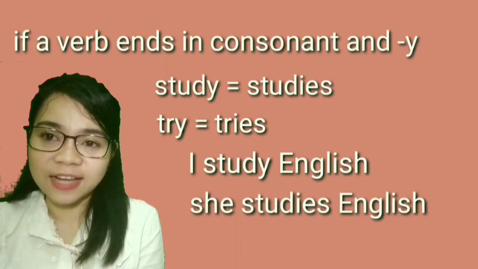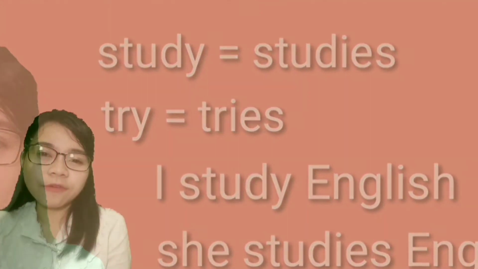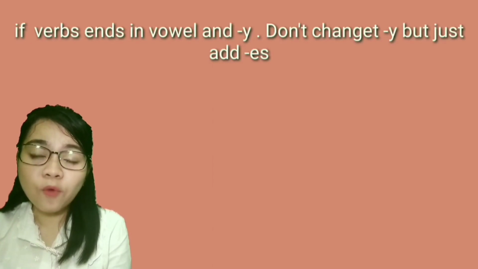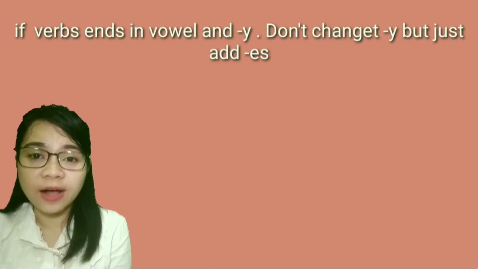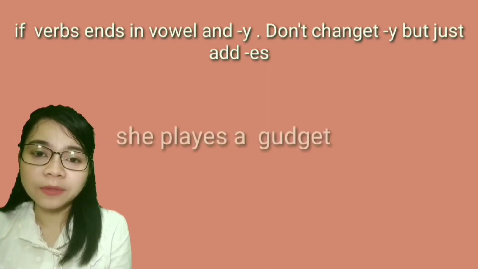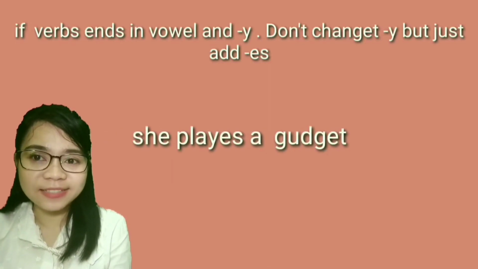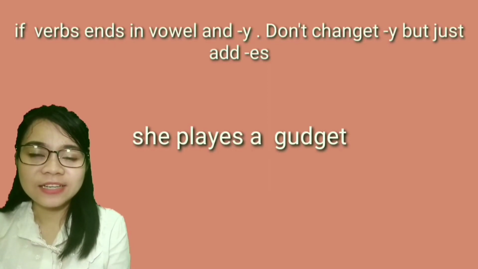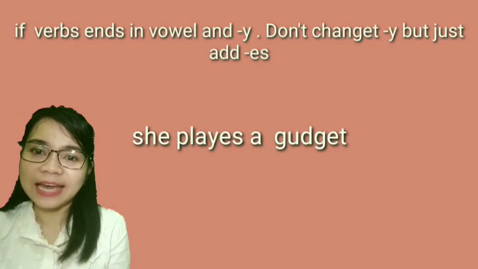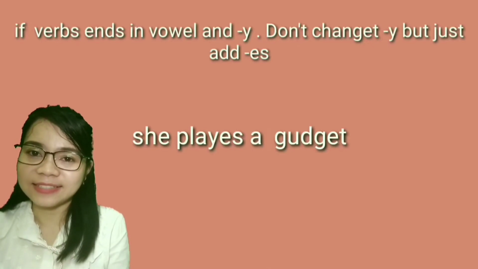She studies English. But if a verb ends in a vowel and Y, you don't need to change Y into I. Just directly add S. For example, she plays a gadget. He plays a gadget. So don't change Y into I.